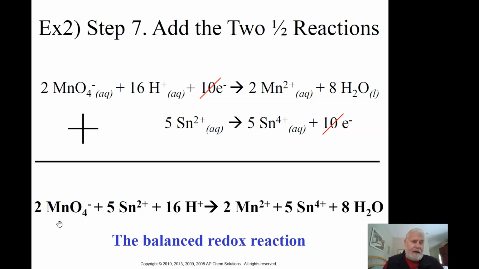Well, this is what happens, and that's the balanced chemical equation. So that is a nifty little thing. And they haven't put one of these on the AP exam in a little while, so I'm kind of thinking they're due for one of these that you can show how you have this process down.